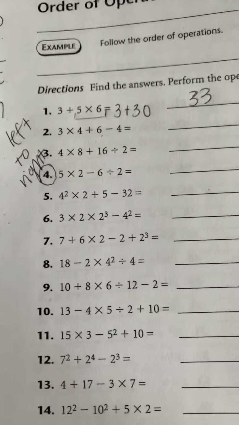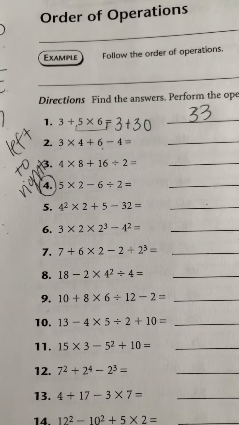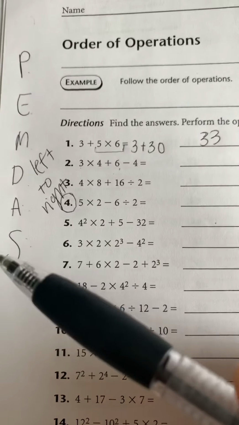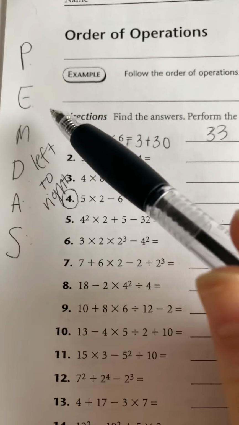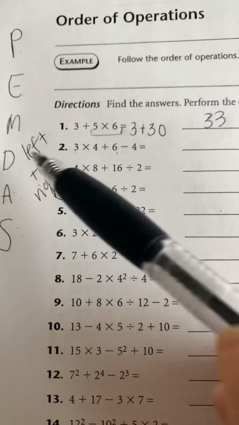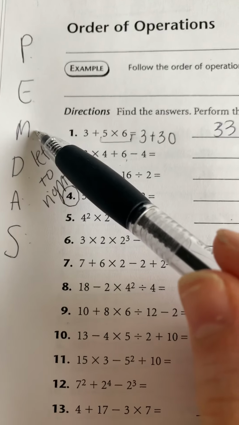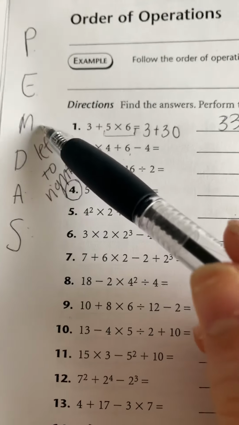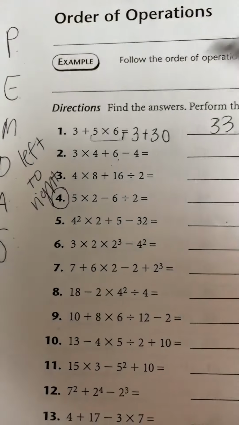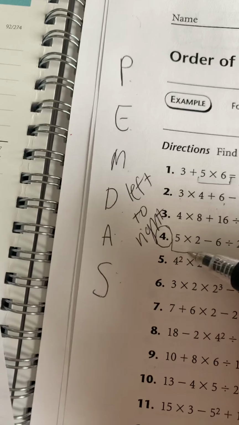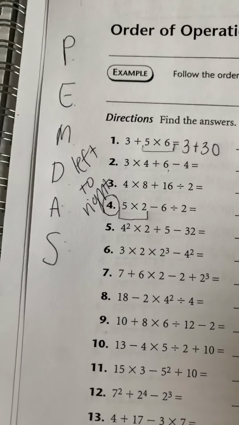So if I'm following my orders of operations, I don't have any parentheses in number 4. I don't have any exponents in number 4. But now I need to look, do I have multiplying or dividing, and what comes first from left to right? So in number 4, I have 5 times 2 first. That comes first from left to right.